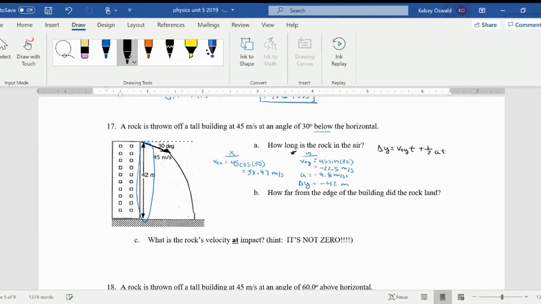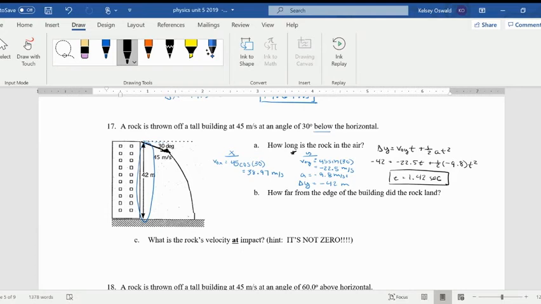We'll use this equation because we know our delta y is negative 42, our initial y velocity is negative 22.5, and our acceleration is negative 9.8. So when we do that, we should find that it takes the rock 1.42 seconds to hit the ground.